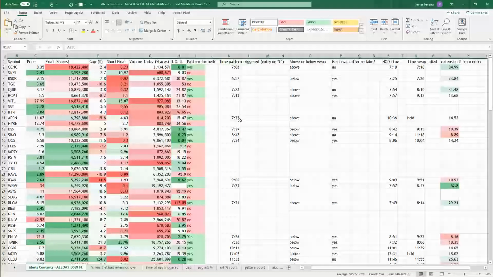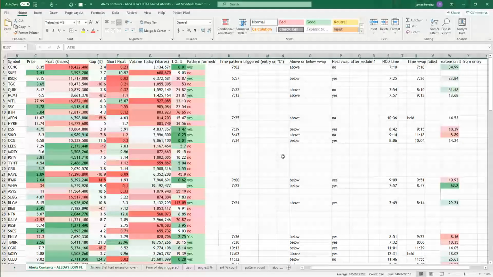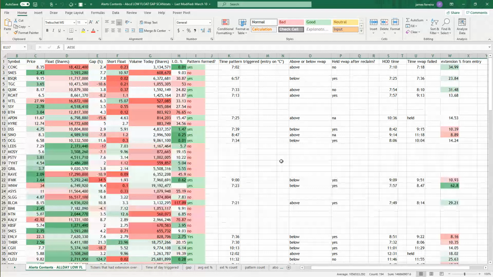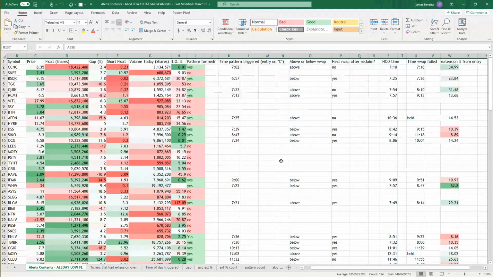So this is a basic spreadsheet on the ABCD setup when it forms underneath VWAP. I wanted to see what happens when it forms underneath VWAP and for the breakover, basically. This is a setup that I saw another trader doing online that I thought had some valid points, so I wanted to see what the statistics were on that.